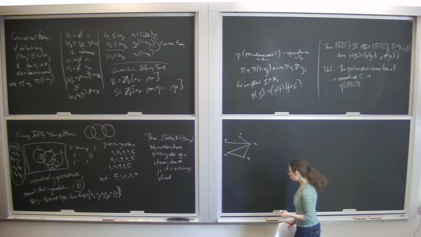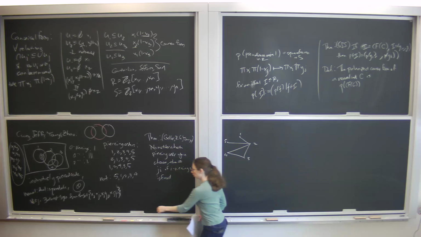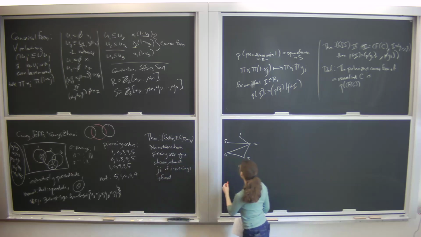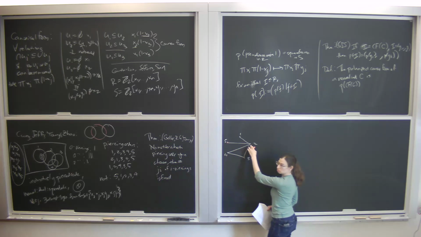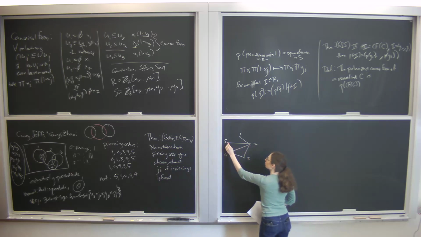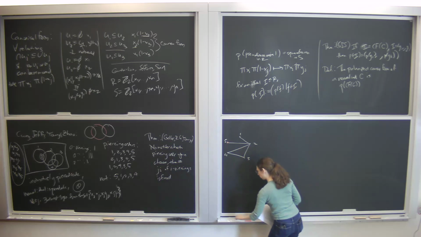So if I have a valid piercing order, what I should be able to do is go, okay, 5, everything it's connected to, just 2, forms a clique, so I can remove 5.